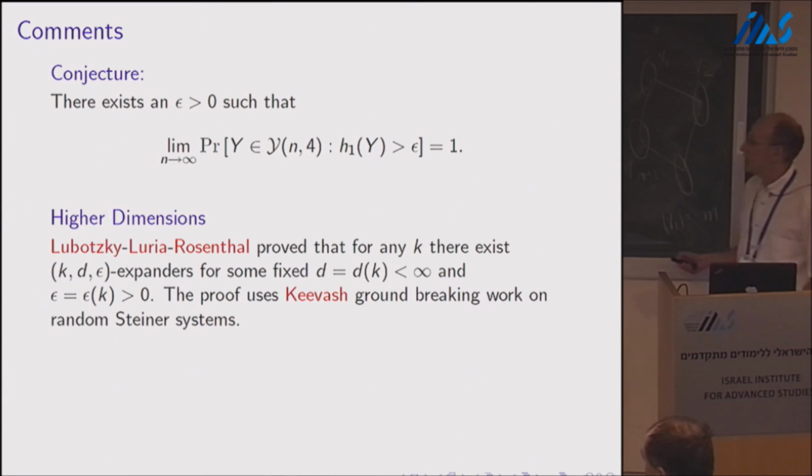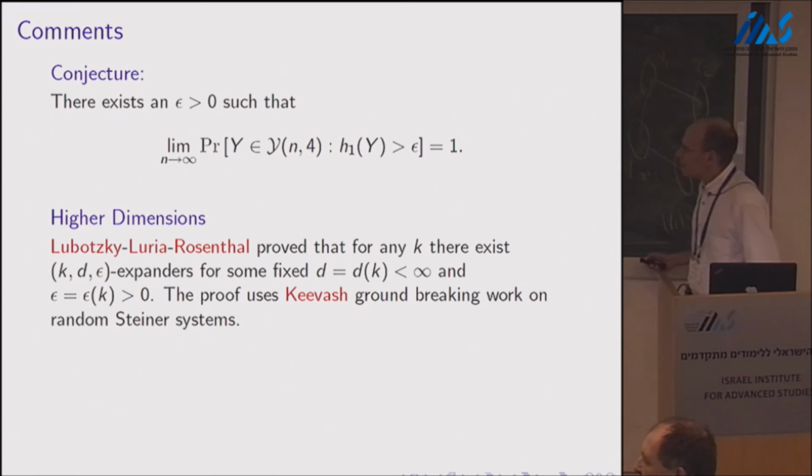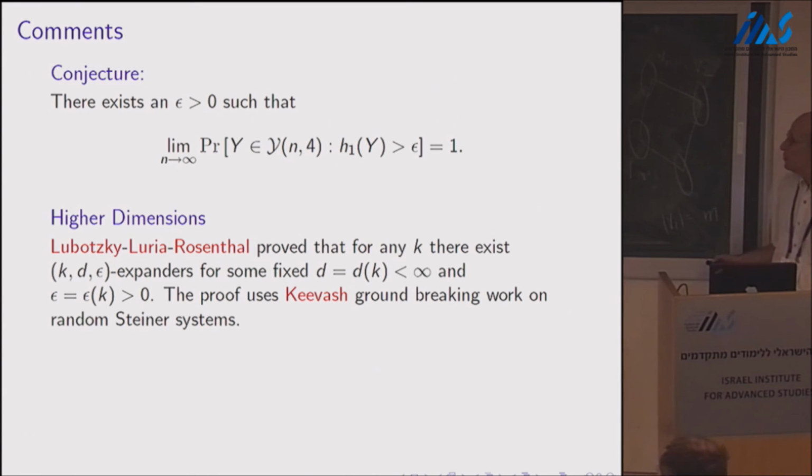Another comment is about what happens in high dimensions. In high dimensions, this method was extended by Alex and Tsur Luria and Ron Rosenthal. Actually, their proof uses random Steiner systems and depends on Keevash's groundbreaking work on the existence and distribution of such Steiner systems.